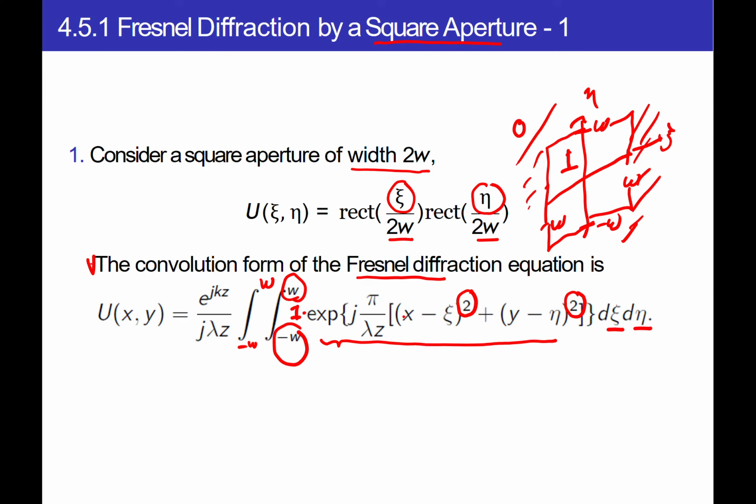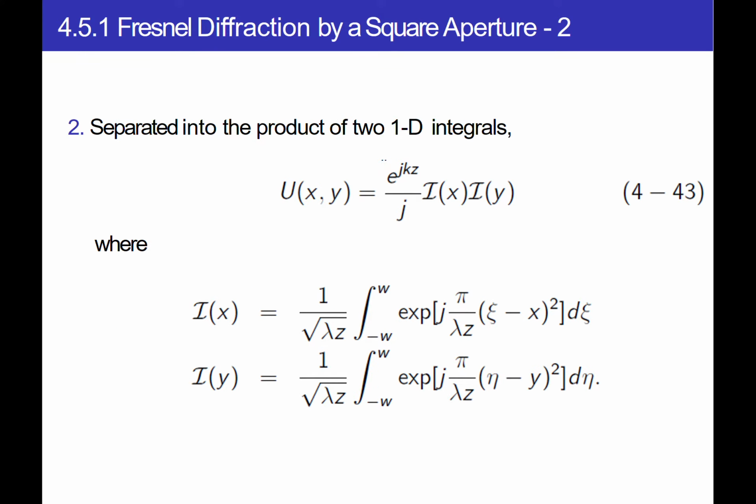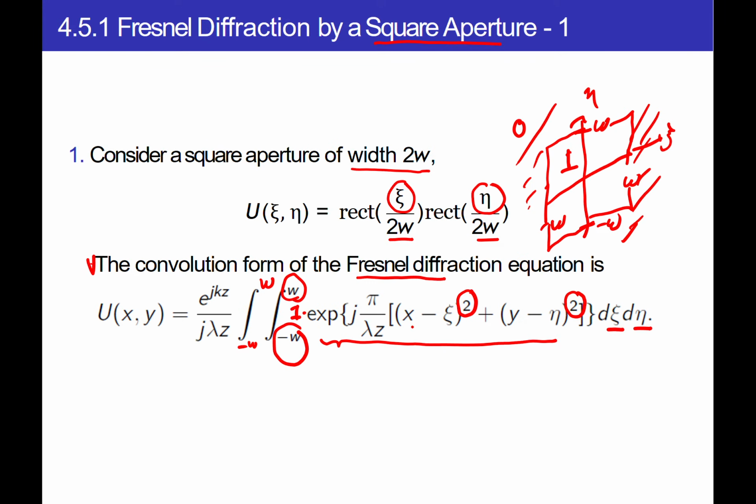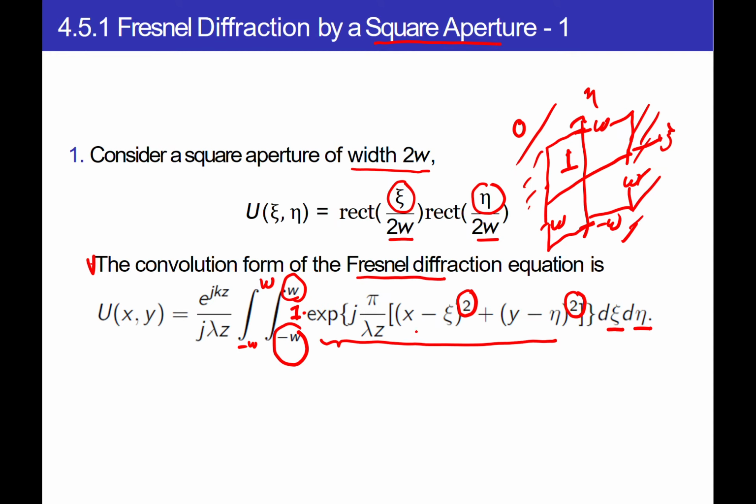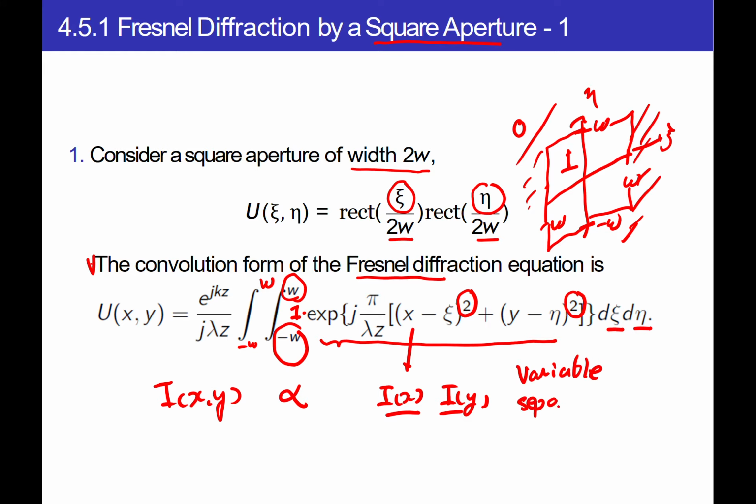Okay, and then if you look at it, it is a function of xi alone and a function of eta alone, so that u(x,y) is given by Ix and Iy, Ix times Iy. The variables are separable like this.